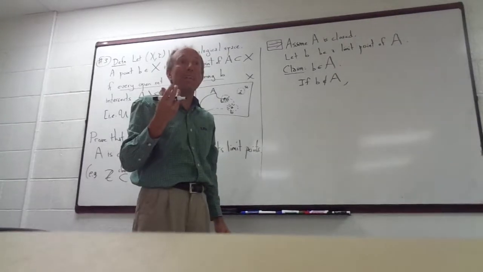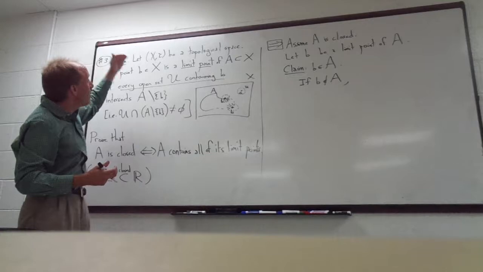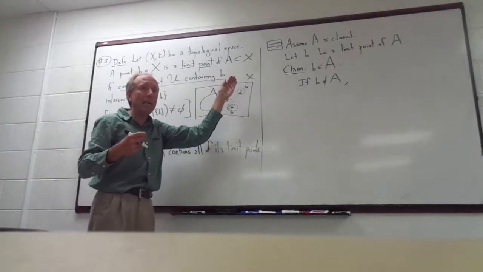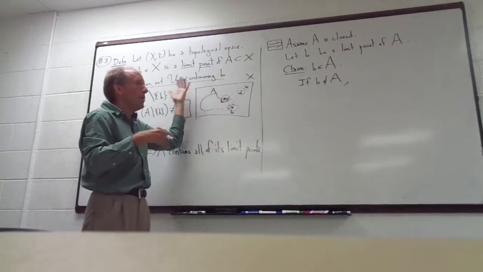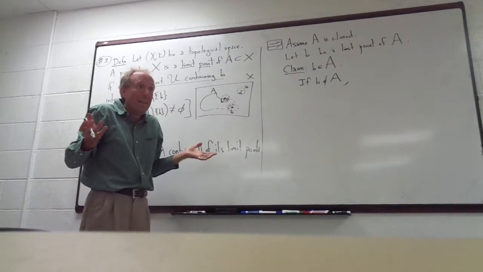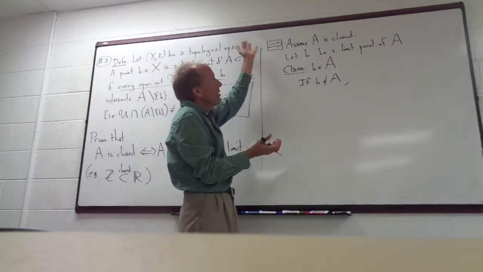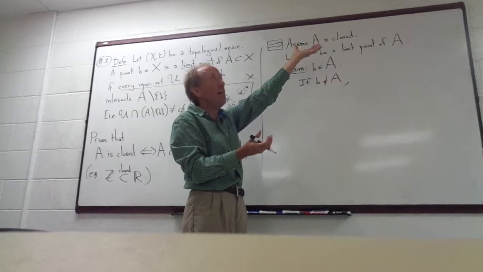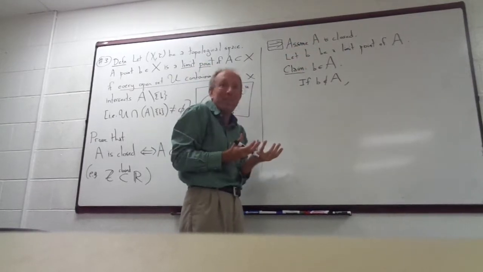That is an open set that we can work with. This is our assumption, guys, that every open set containing B, let me just stop right there. Every open set containing B. Well, if I'm going to use that, I better find an open set that contains B that I can work with. Starting off here, I don't have any open sets even mentioned. So I have to figure out how am I going to get one, right?